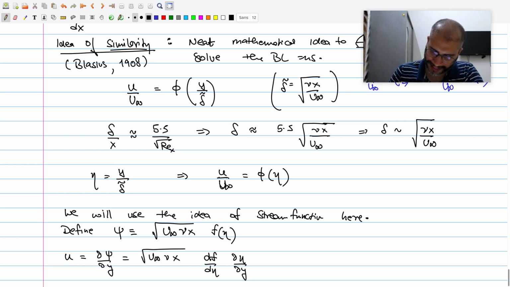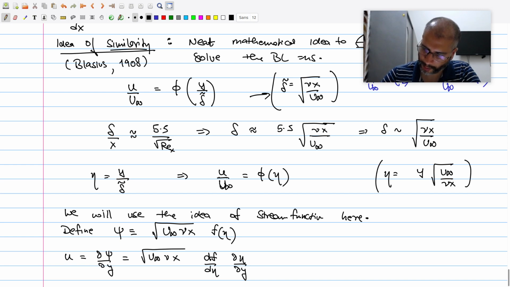Now what is eta? Eta is y upon delta tilde, and delta tilde is this one. So this becomes y times square root of u infinity upon nu x. That's my eta.